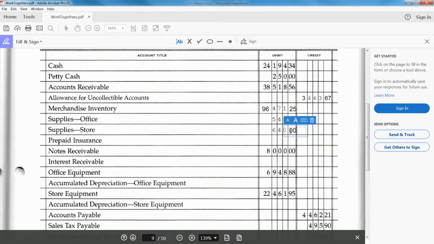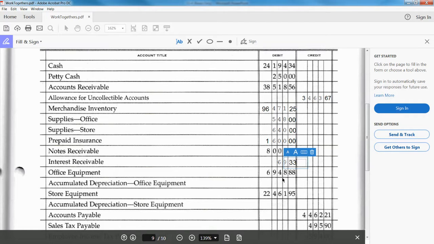Supplies store is $640.00. And notes receivable, prepaid insurance is $1,600.00. Interest receivable is $69.33.